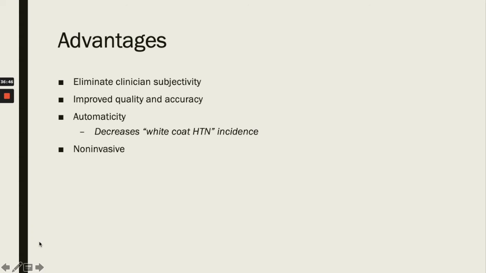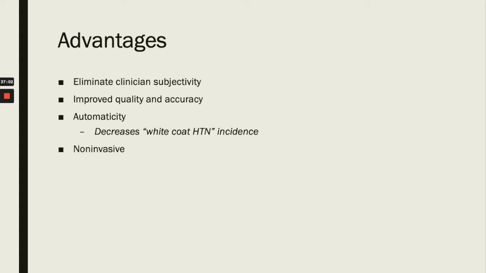Okay, so the advantages: it eliminates clinician subjectivity, and there is improved quality and accuracy over time that's occurred with NIBPs, and the automaticity. It decreases the white coat hypertension incidence.